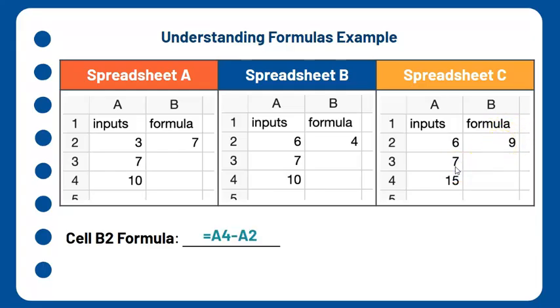Since our formula is true for all of our examples, it must be the formula we are looking for. In 3 spreadsheets, we found cell B2 by calculating cell A4 minus A2. So the formula that we would type into cell B2 is equals A4 minus A2.